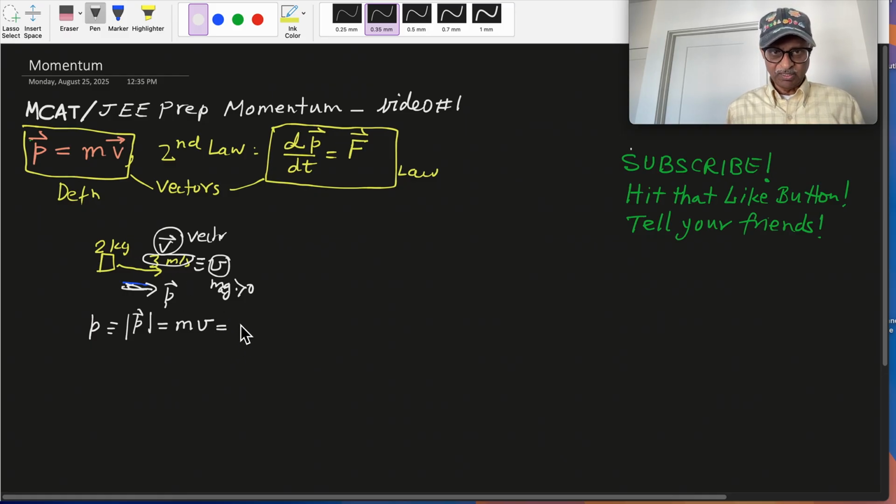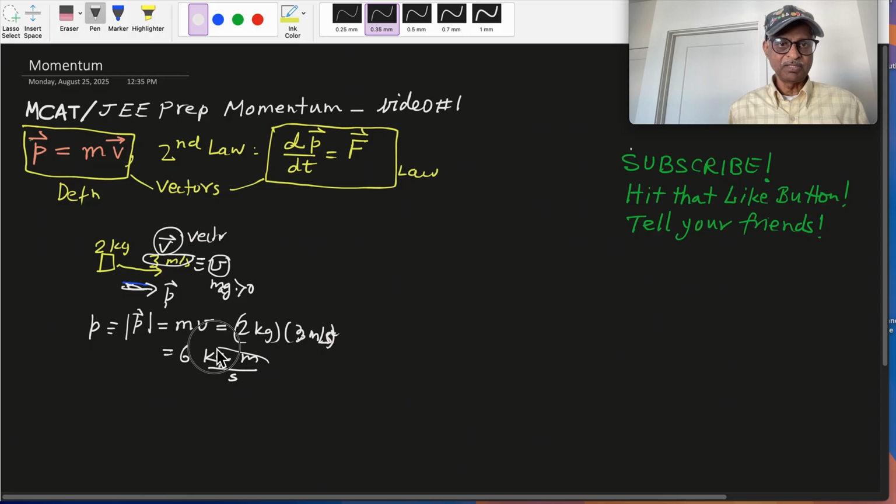So over here, you have 2 kilograms and 3 meters per second. Together they make 6 kilogram meter per second. Now this does not have any name to it.